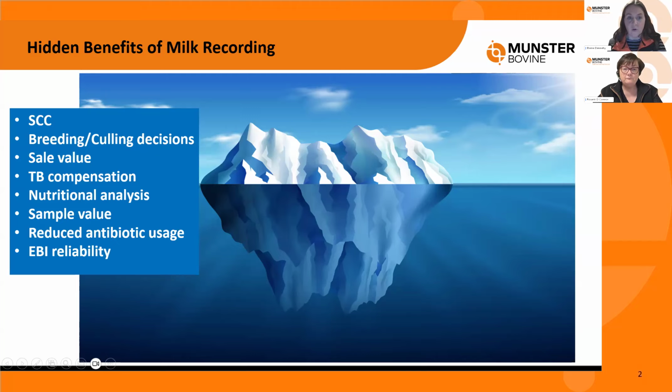But also, it's really important to look at SCC trends over time. So if you have a high cow, is she a repeat offender? Is she consistently high in the cell count? Is she maybe chronically infected with a very poor chance of cure? And you really want to identify those cows that maybe you can dry a quarter or maybe earmark them for culling.